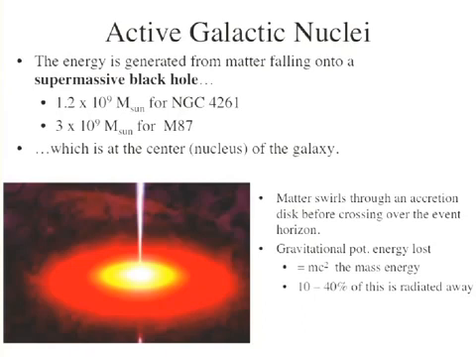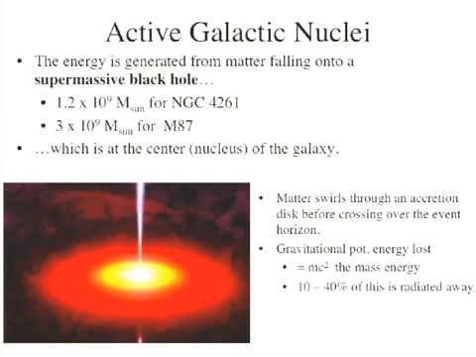Quasars are related to active galactic nuclei, and they have deeper potential wells. So it's the same idea, a potential well that is quite substantial, and material can get in quite close to it.